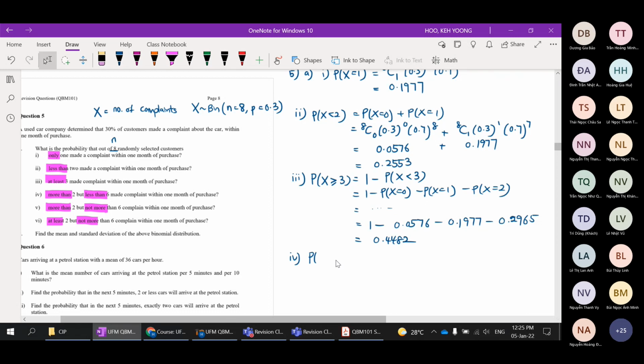So how to write the notations here? Smaller values are always on the left, largest values on the right. So more than 2, less than 6, you have 3, 4, and 5.